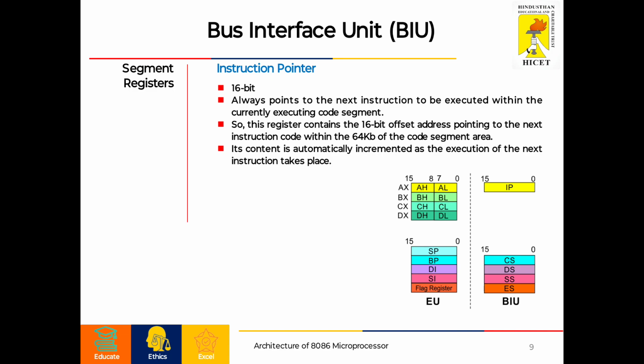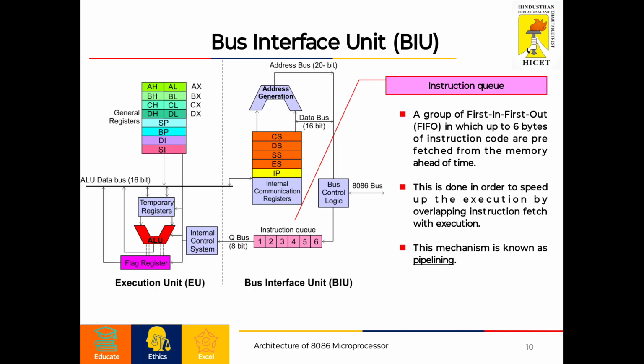The instruction queue uses a FIFO, that is first in first out, group of registers. The size of the queue is 6 bytes. That means the BIU, the bus interface unit, fetches the instruction code from the memory and stores it in the queue. The execution unit fetches the instruction codes from the queue.